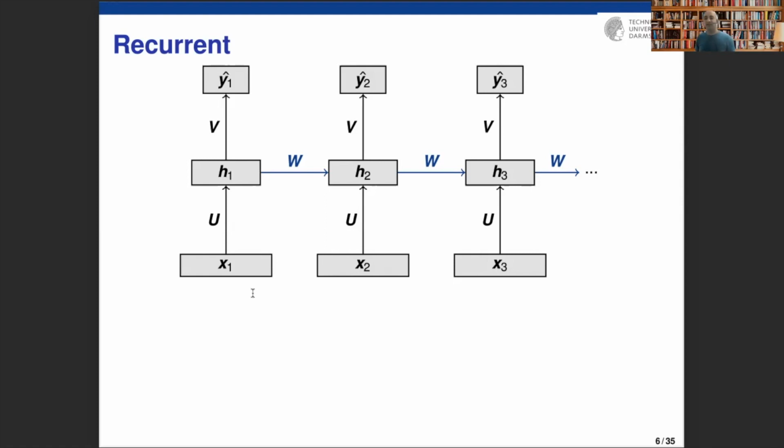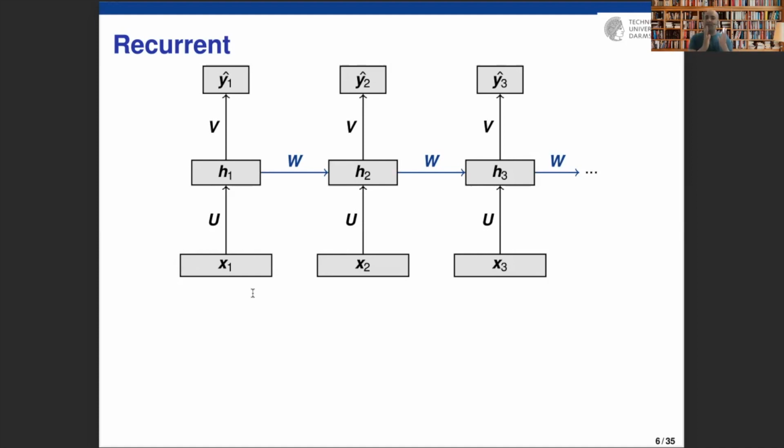What is important to notice here is that the parameters U, V, and W are shared among different recurrences, or even over different iterations. Meaning that for processing a token to the hidden state, we always use matrix U, right? It doesn't matter in which step, we always use matrix U to map input vector X to the hidden state.